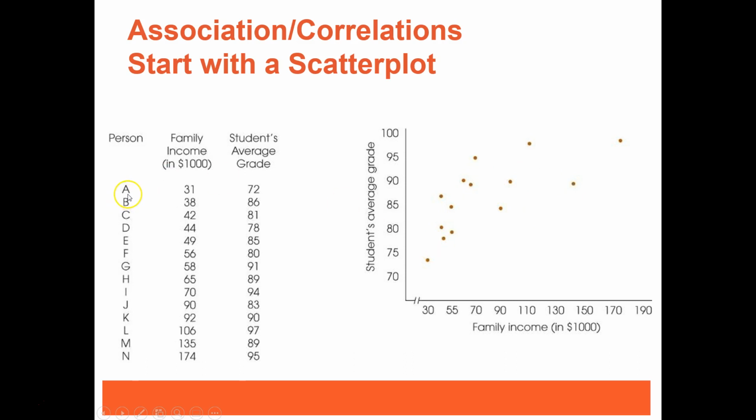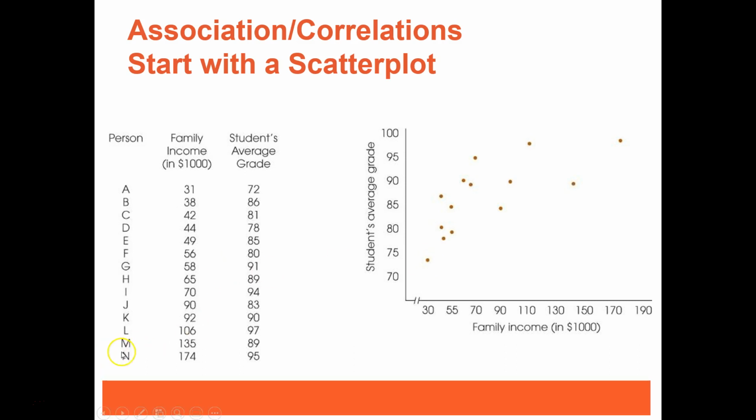And you can see person A here, their family makes $31,000. And their average grade on a test, let's say, is 72. And so that's this dot here. The family makes $31,000 and 72 is the average grade, and there's their point on the graph.